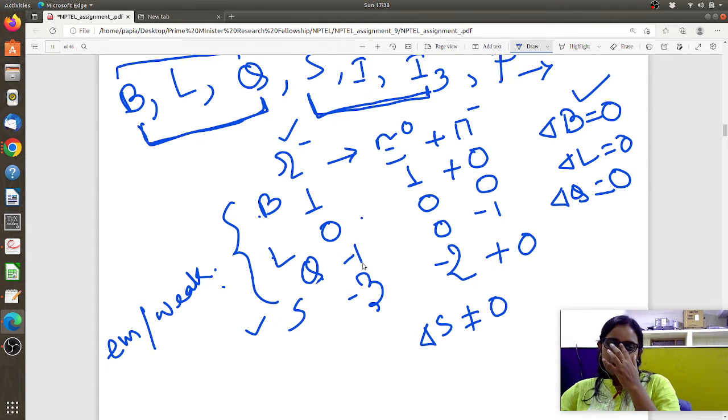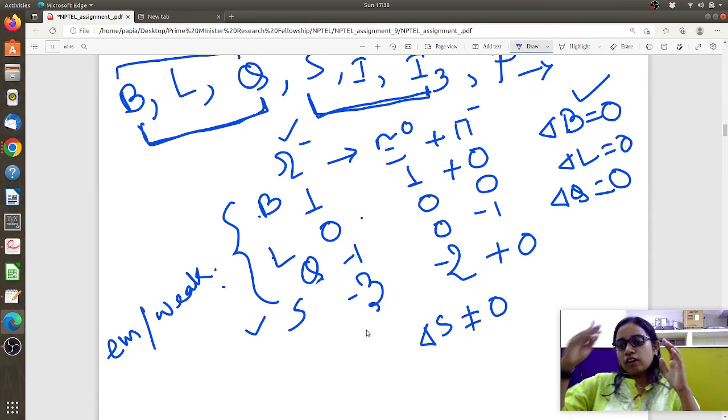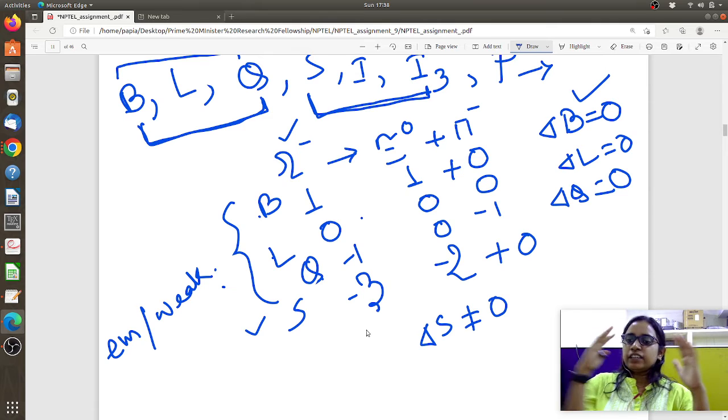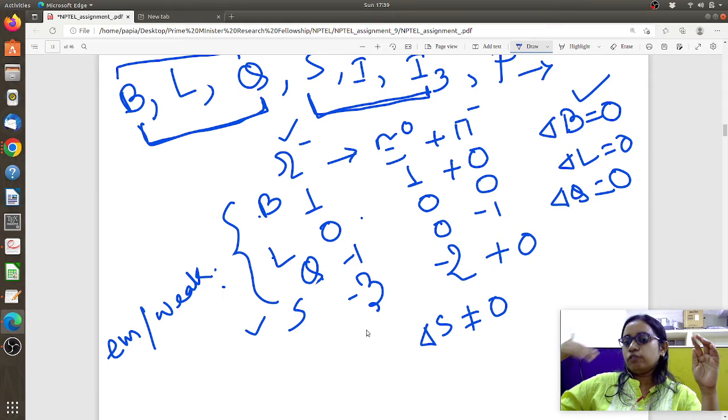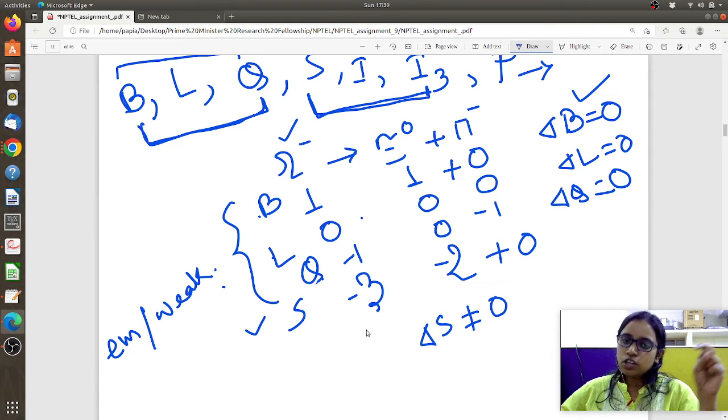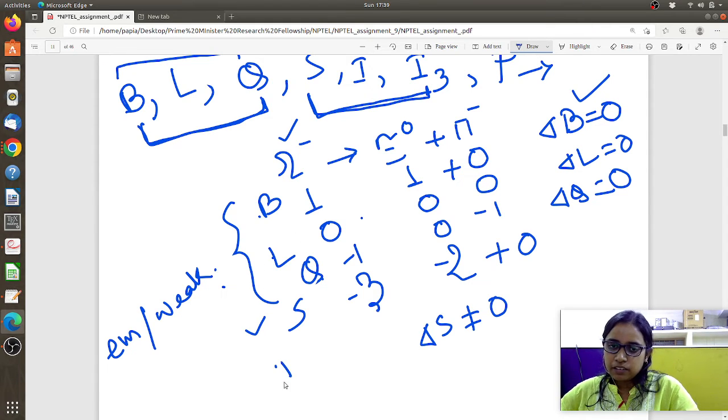Fine. Now coming to the I part. There were 3 interactions at first, but at each step we can cancel one, and if one interaction is not possible, we go to the next to check whether it is possible or not. So what will be I for these particles?